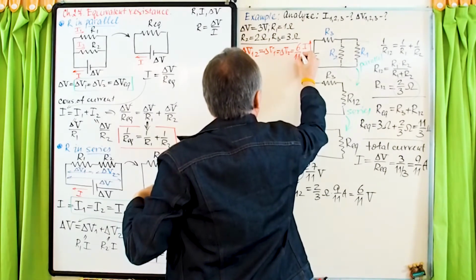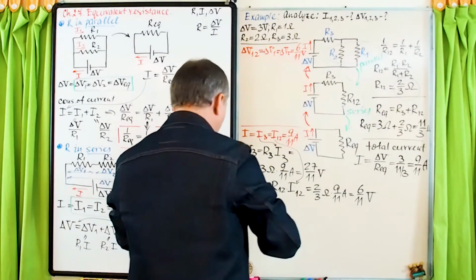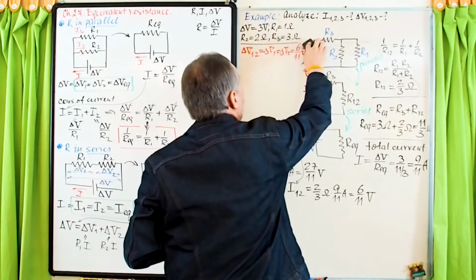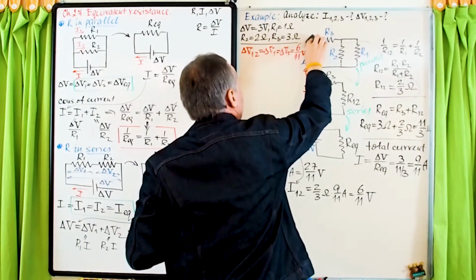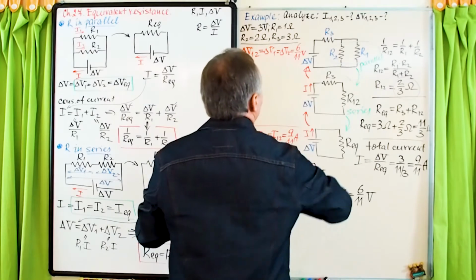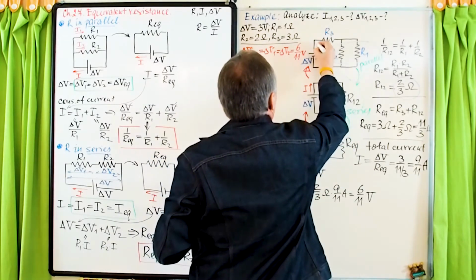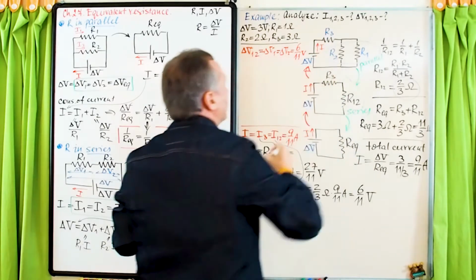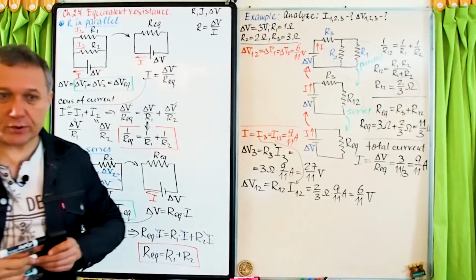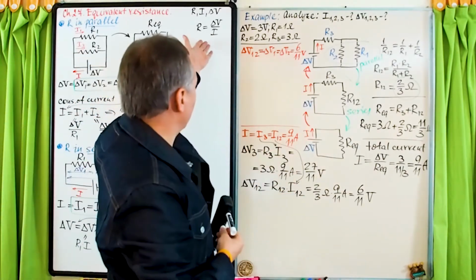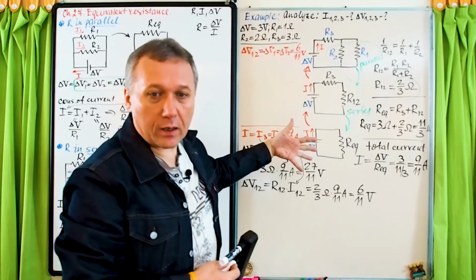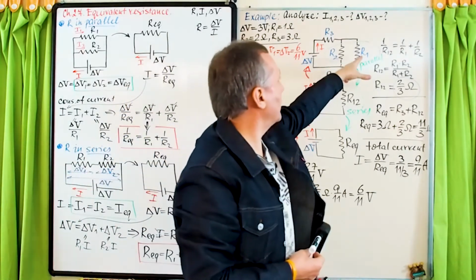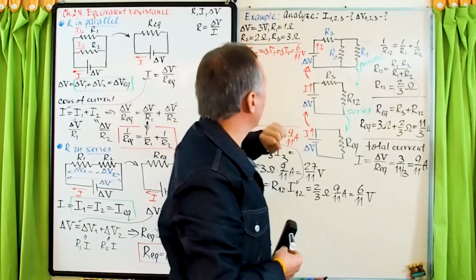6 over 11 volts. Let me erase that current because it's overlapping. Let me show that current over here. Now we have the bridge, and using that bridge and Ohm's law, we can find currents through R1 and R2. Let's start with R2.